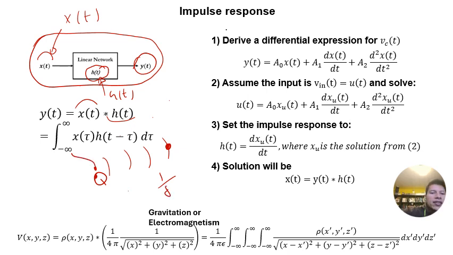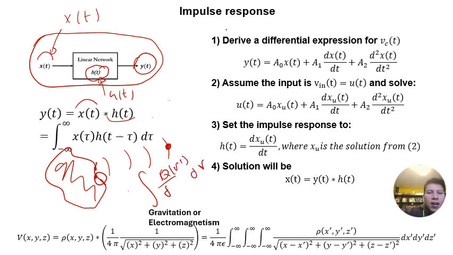Now, if I had a distribution of these charges, I would have to do an integral of 1 over the distance times q of r prime, dr prime, |r minus r prime|, where r is my observation variable and r prime is the charge location or source location.